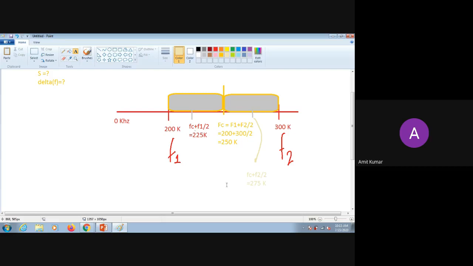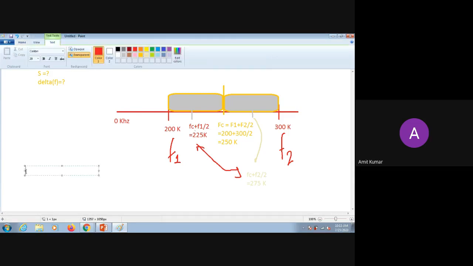Now the difference between these two will be given by delta F. So delta F will be 275K minus 225K, that will be 50K. So 2 delta F will be this one.